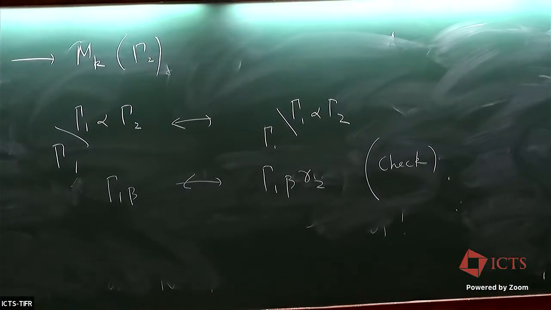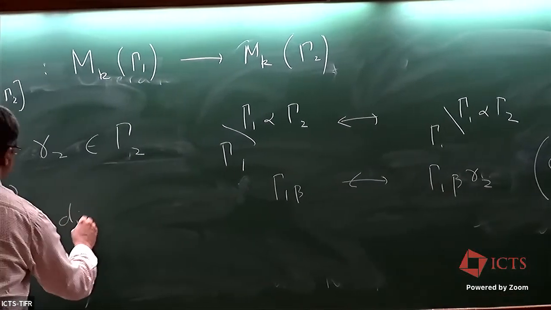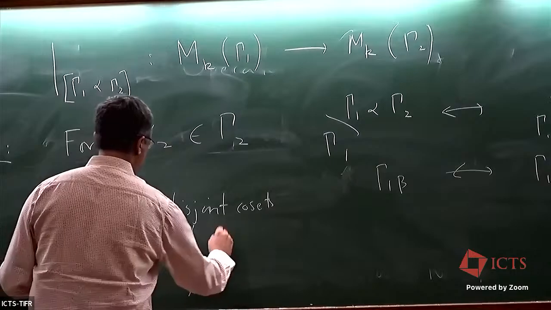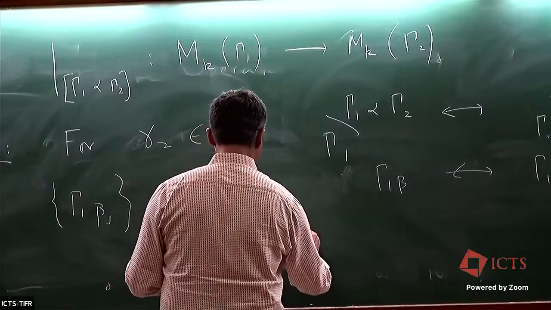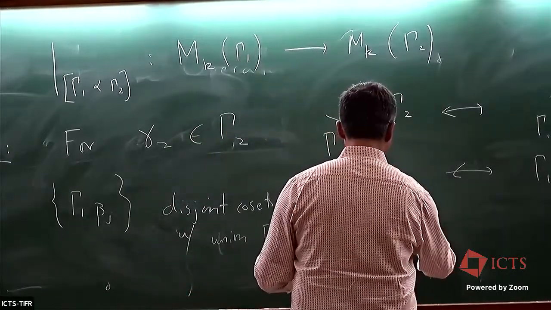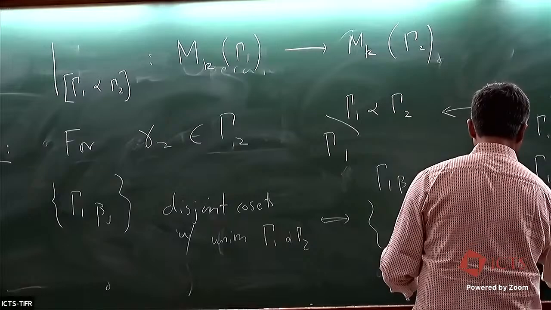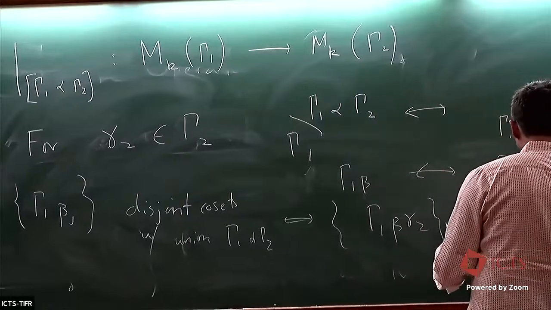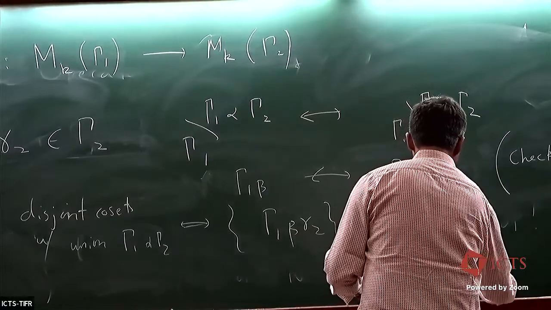Putting this in another way, if Gamma 1 beta j are disjoint cosets with union Gamma 1 alpha Gamma 2, then so are the Gamma 1 beta j Gamma 2, also a disjoint union of cosets with union Gamma 1 alpha Gamma 2.